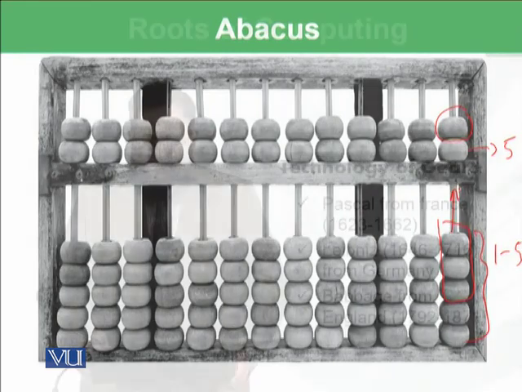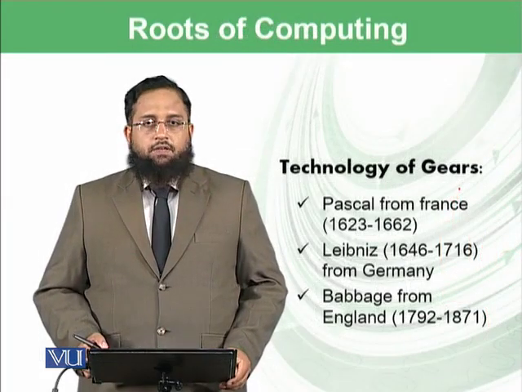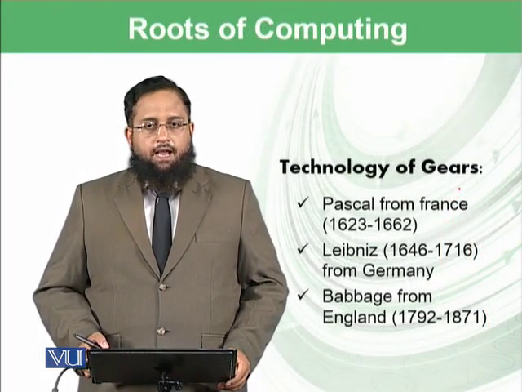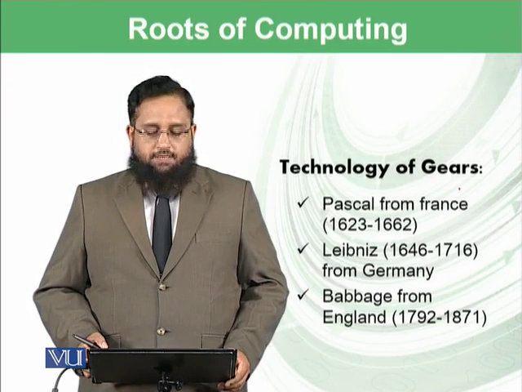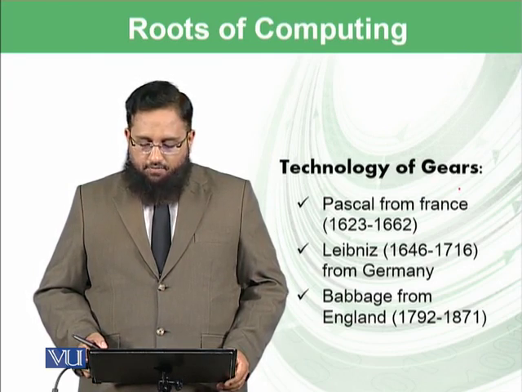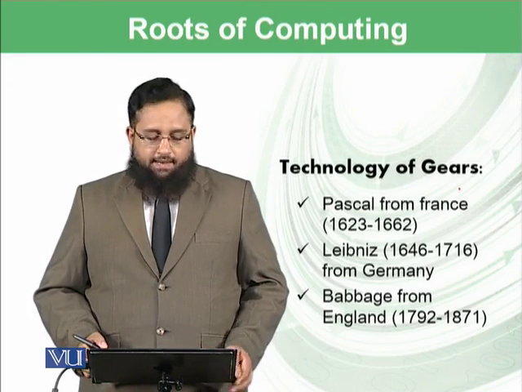Then there was another technology known as the technology of gears, and different people worked in this technology. For example, Pascal from France, Leibniz from Germany and Babbage from England.